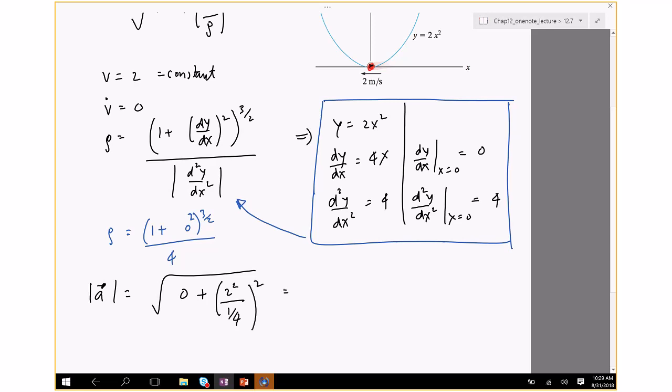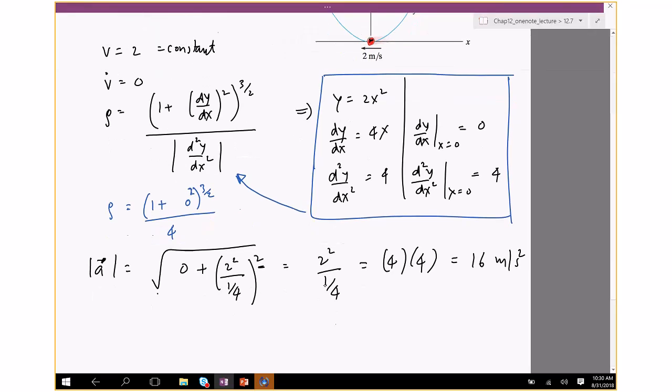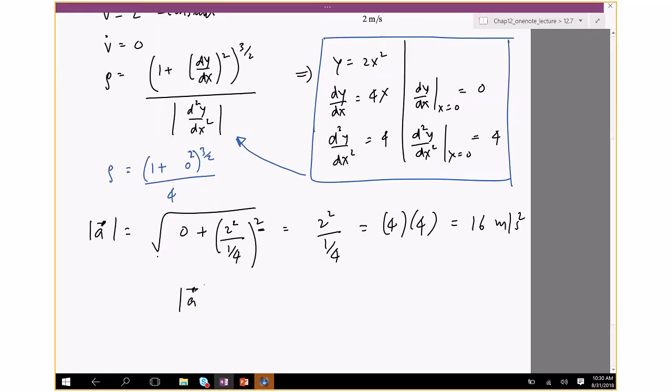So we can get rid of this square in the square root. So it's 2 square divided by 1/4, which is 4 times 4, which is 16 meters per second square. So A is 16 meters per second square.